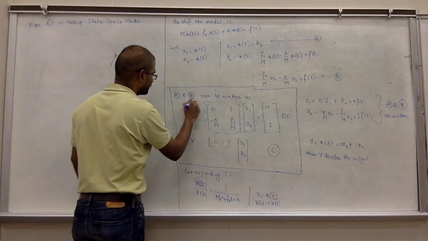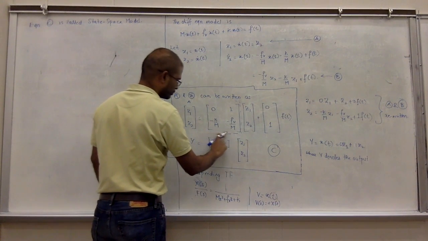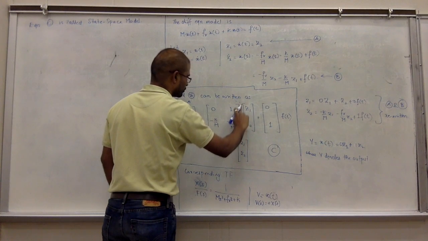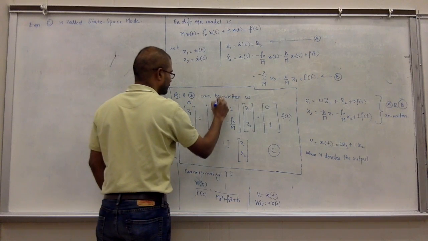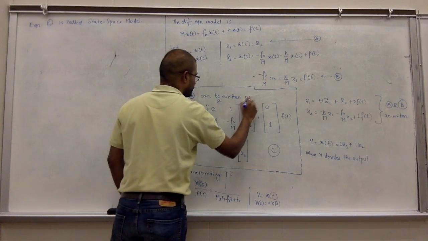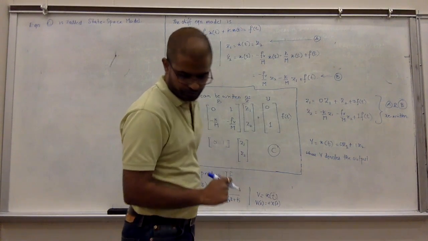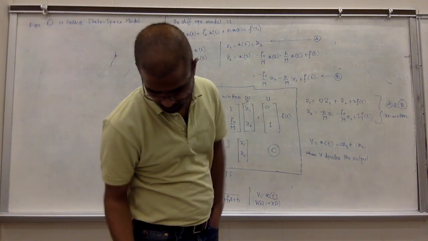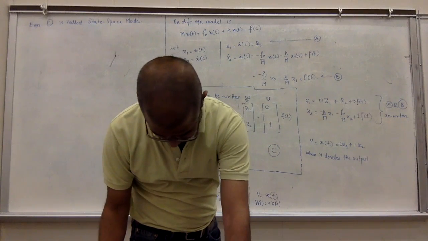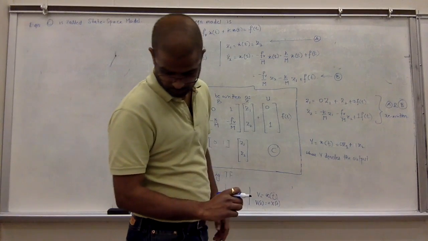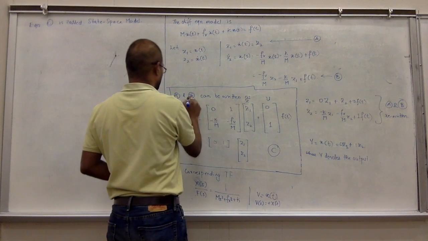Call this as A, and just use these fancy letters, A, B, C. This is just Z dot.